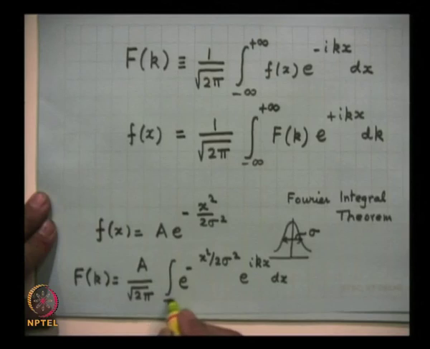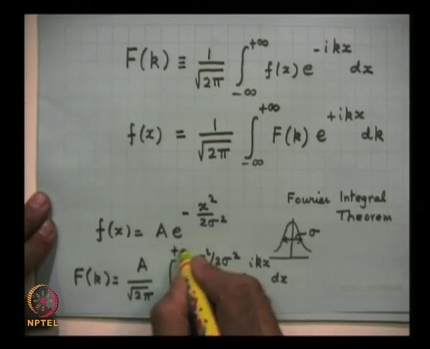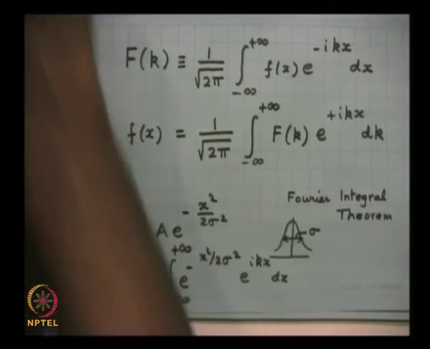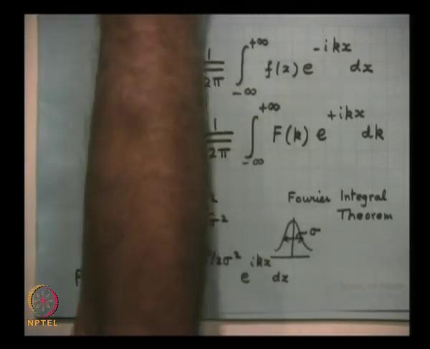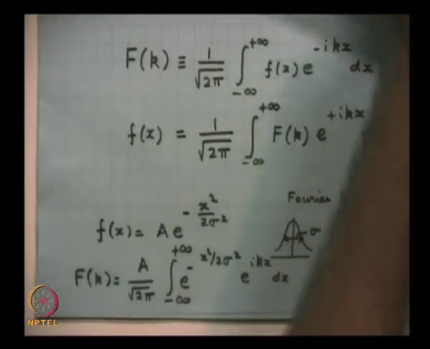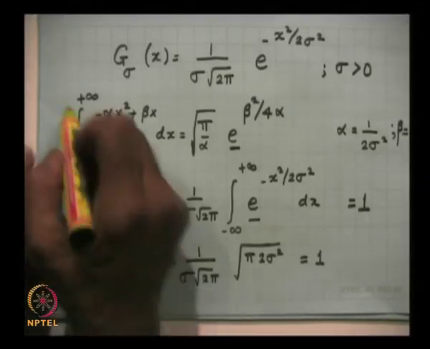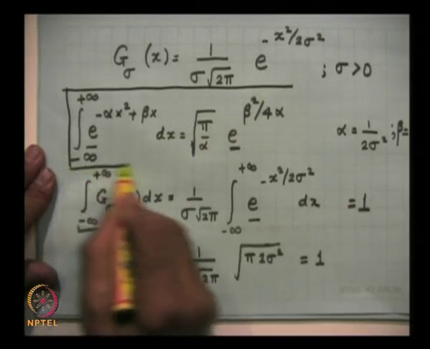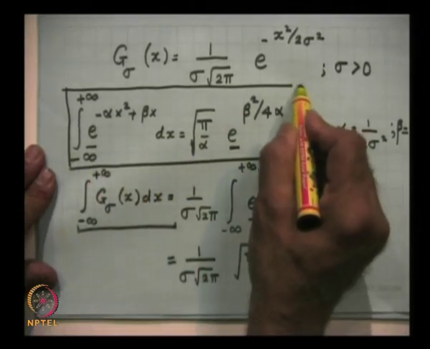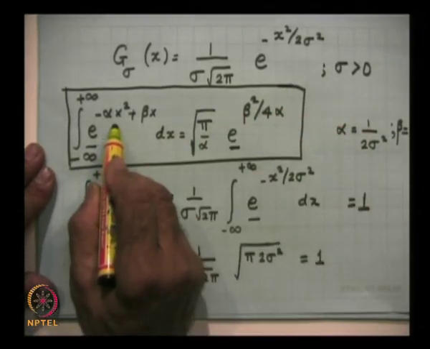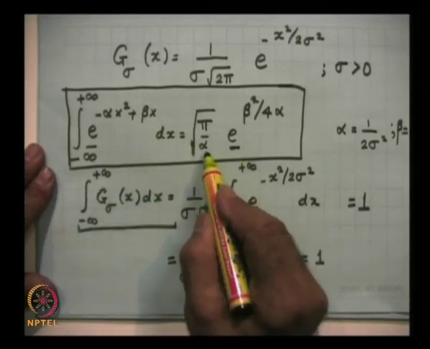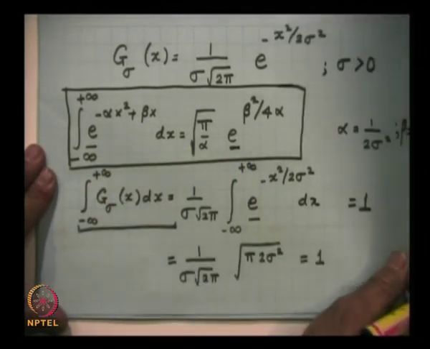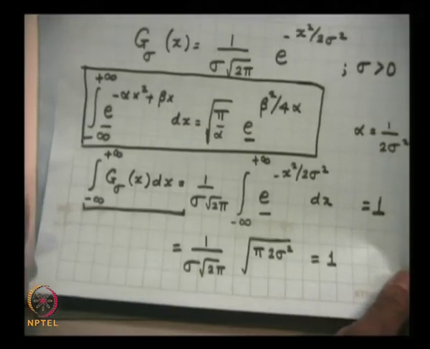All limits are from minus infinity to plus infinity. And then we have the formula that we had used, a very important formula that we will be using quite extensively: the integral of e to the power of minus alpha x square plus beta x is equal to square root of pi by alpha into e to the power of beta square by 4 alpha.